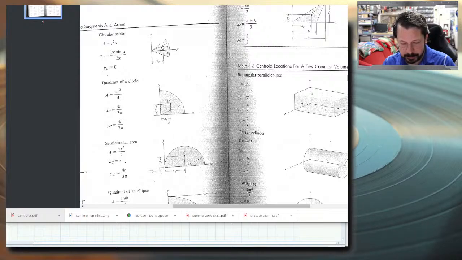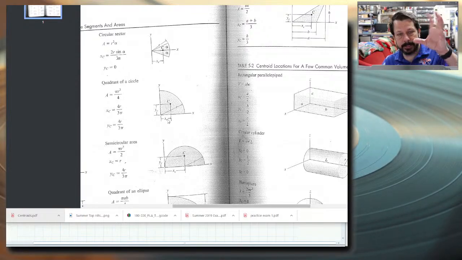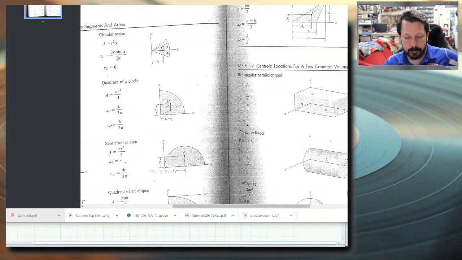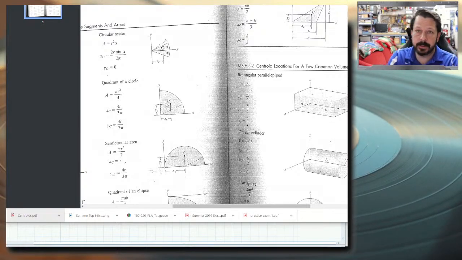They have x sub c. Sometimes you have to mentally reorient where these reference axes are, because maybe the quarter circle is turned differently from what you have in your reference material compared to the problem you're working on. So this one is not, though. This one is exactly the same.